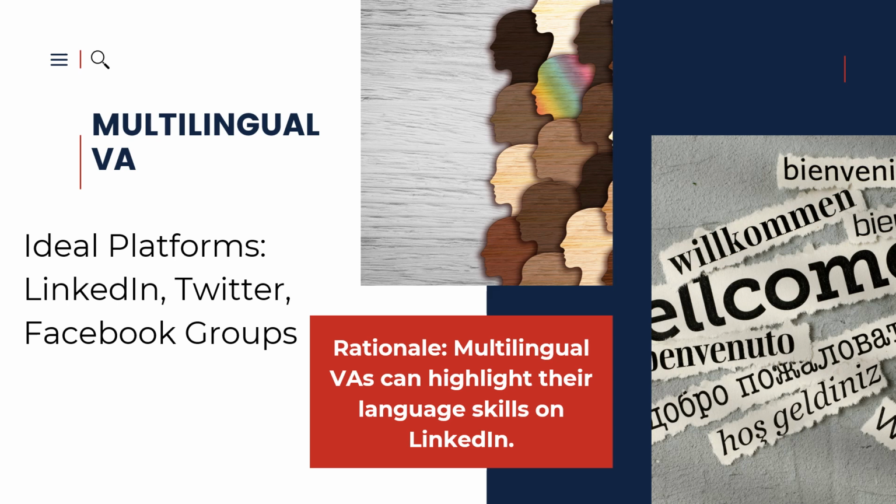For multilingual VA, again, you have LinkedIn, and then there's Twitter and Facebook groups. You can highlight your language skills on LinkedIn, and you can use Twitter to engage with different audiences worldwide. The Facebook groups will also allow you to join language specific communities. Let's say you know how to speak Japanese.